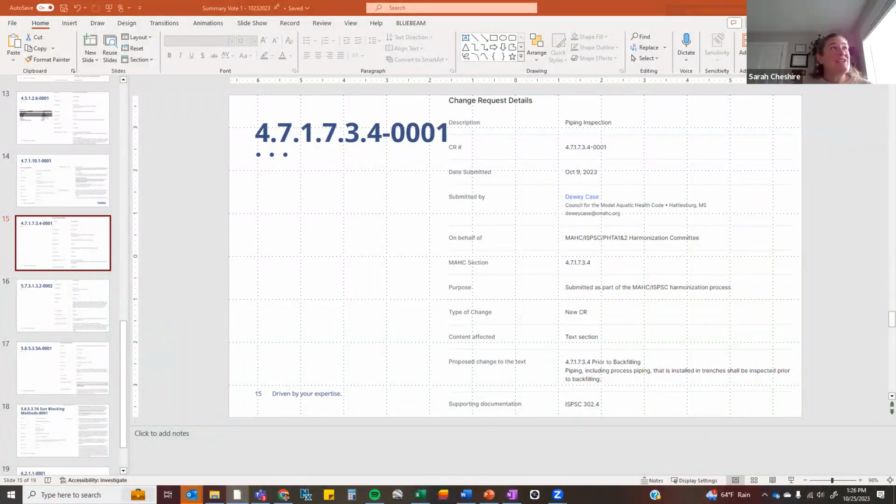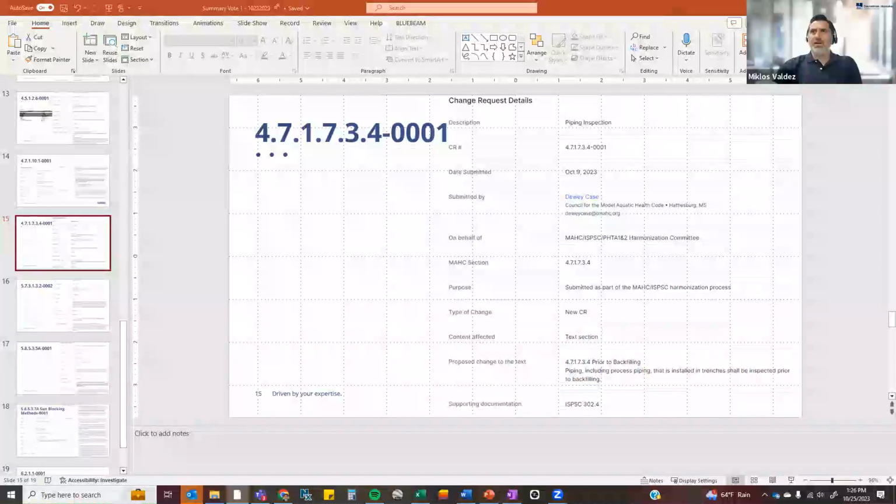That's the inlet section, 4.7.1.3. It's the drainage and installation. Drainage. So it's talking about the piping and the, let's see.